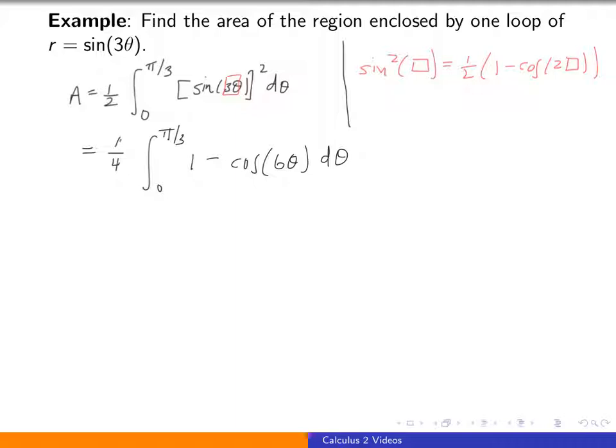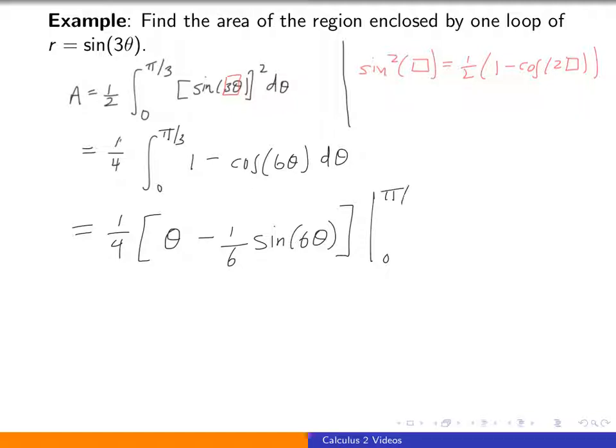Then we go ahead and just anti-differentiate term by term. The antiderivative of 1 with respect to theta is theta. And for cosine 6 theta, that would be minus 1/6 sine of 6 theta. Note, if you don't immediately recognize what that antiderivative of cosine of 6 theta will be, you could always use a substitution, where u equals 6 theta.